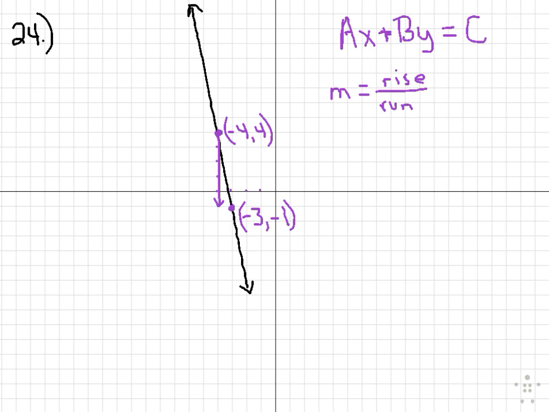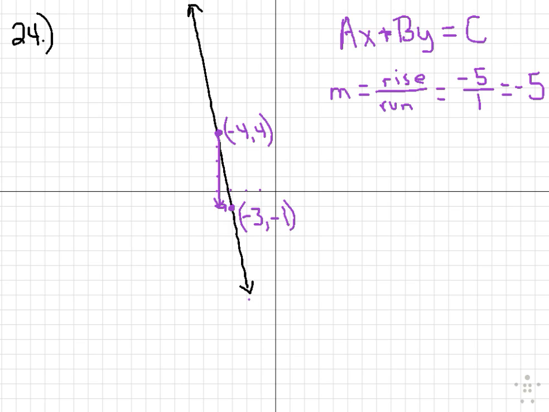It goes down 5, -5, and it runs or goes over this way once. So that's just equal to -5 is the slope of this line. Now what I need to figure out is, okay, I know the slope, but what's the y-intercept?